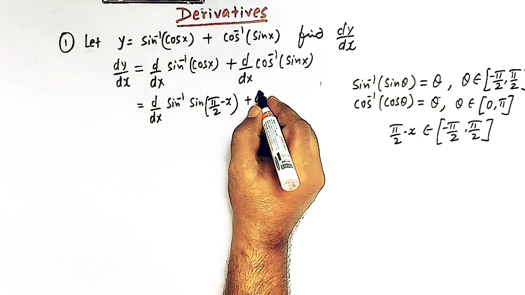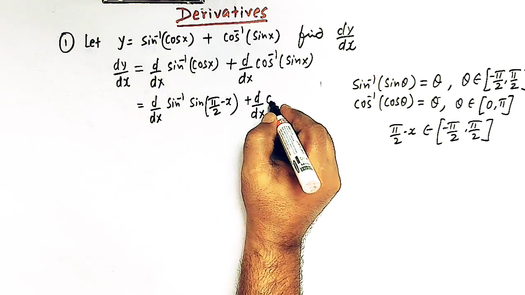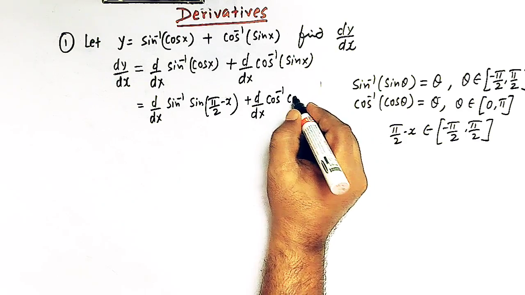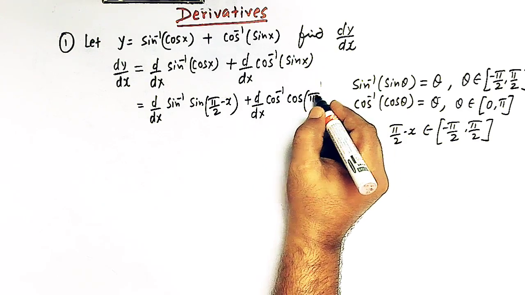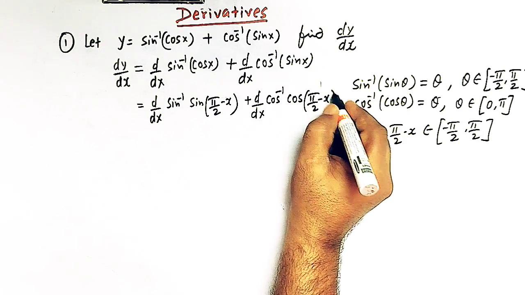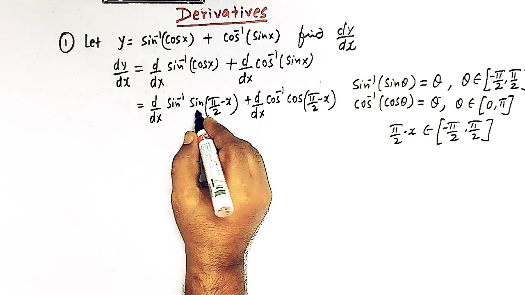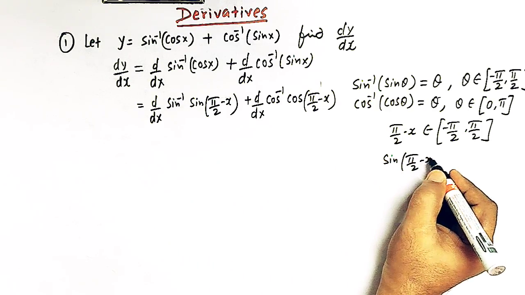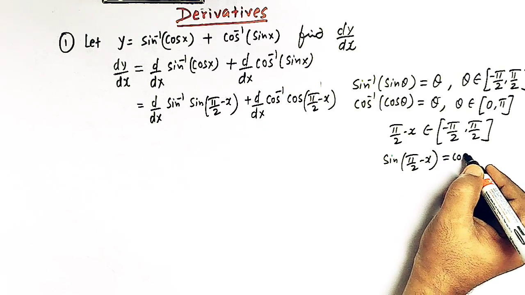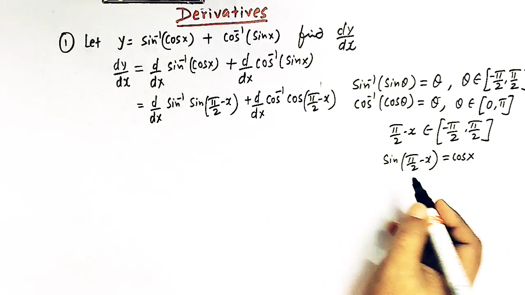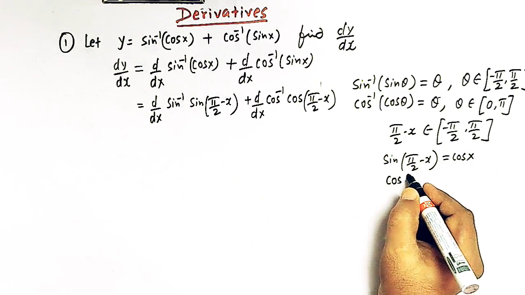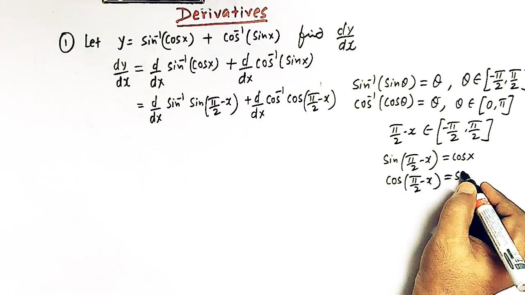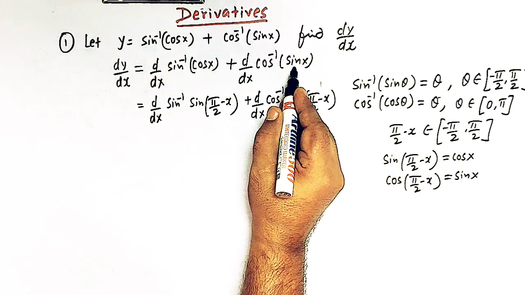And here we'll express this sine x as cos of pi by 2 minus x, because sine of pi by 2 minus x is equal to cosine x, and cos of pi by 2 minus x is equal to sine x, right?